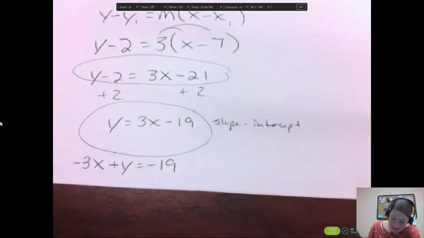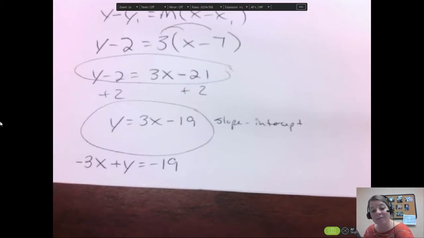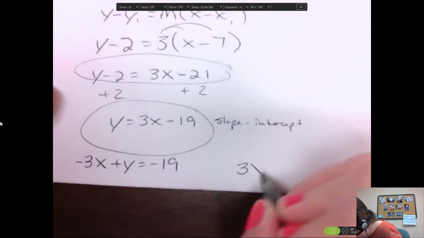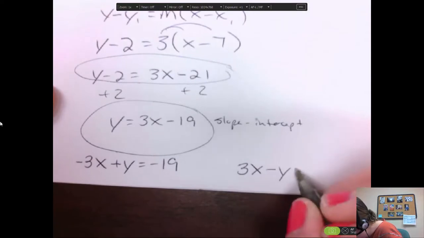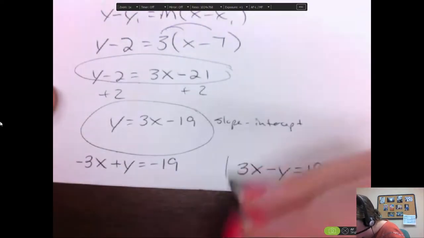But I said you can't have that negative there. How can I change that sign? I times it all by -1 or change all the signs. So my final answer in standard form would be 3x minus y equals positive 19. I changed. This would be standard form.